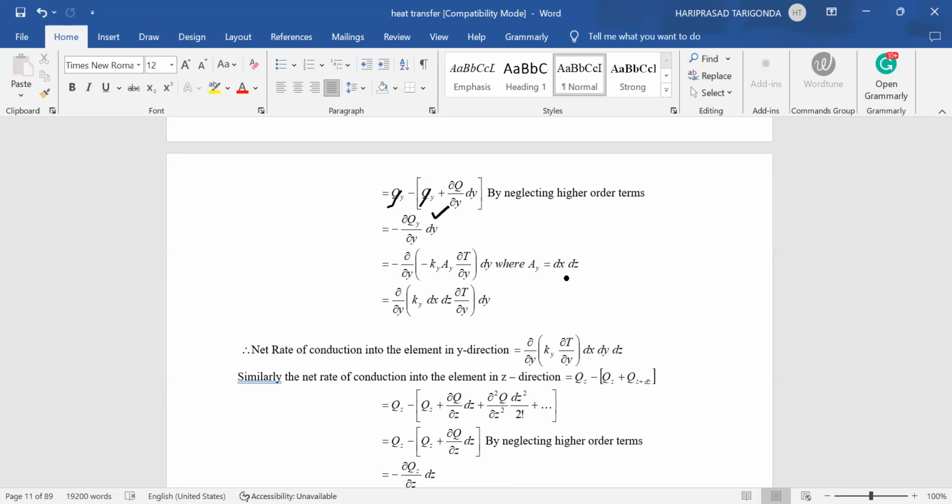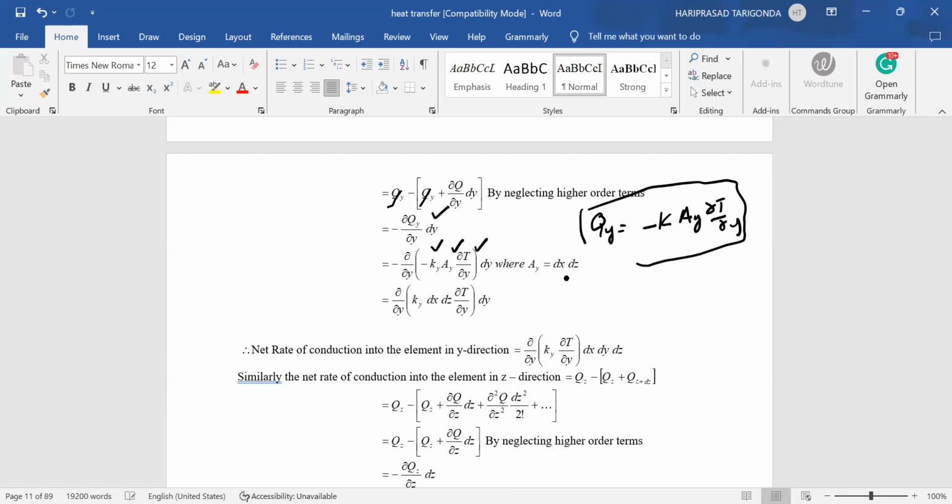So, according to Fourier equation, the heat conducted to the element in y direction will be minus k, the thermal conductivity of the material, and the surface area perpendicular to y direction, into ∂T/∂y. So, this is the heat transfer equation according to Fourier equation in y direction. Substituting here, this is ky and Ay and ∂T/∂y.